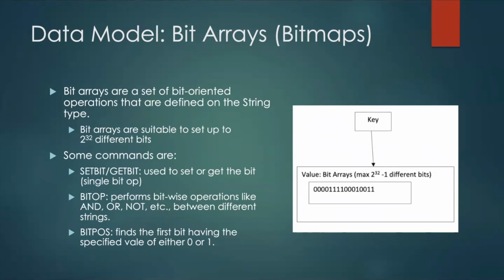Some commands are setbit and getbit, which are used for single-bit set and get operations. BITOP performs bitwise operations like AND, OR, NOT, etc. between different strings. BITPOS finds the first bit having the specified value of either 0 or 1.